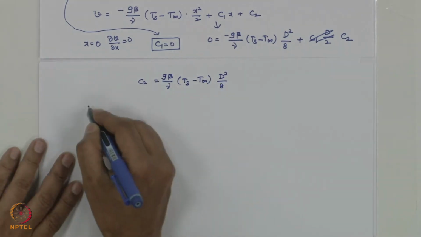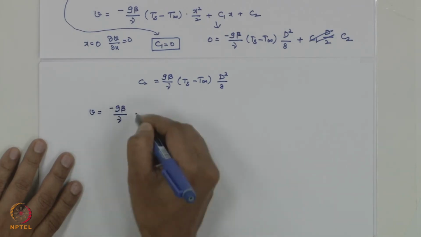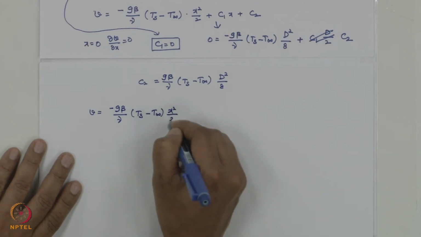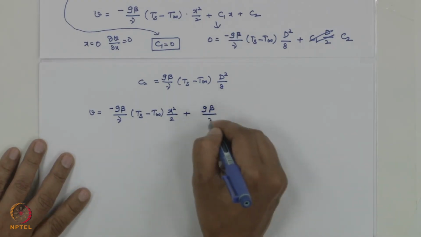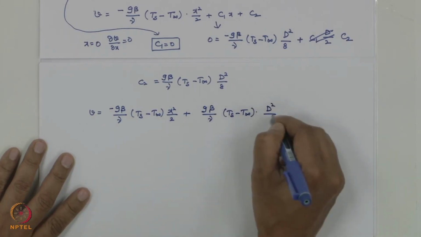So if I substitute this, I get V equal to minus g beta by nu into Ts minus T infinity into x squared by 2 plus C1, which is 0, so you get g beta by nu into Ts minus T infinity into d squared by 8.